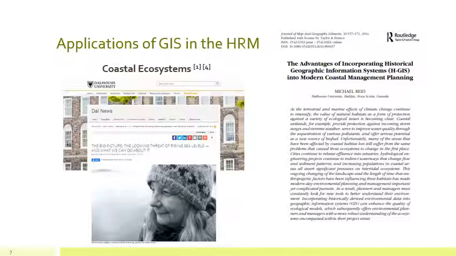So by digitizing all of this data using HGIS, they created a model of the conditions and features of the landscape across these dates. So this allowed for a more detailed examination of how the landscape would have changed over this time frame.